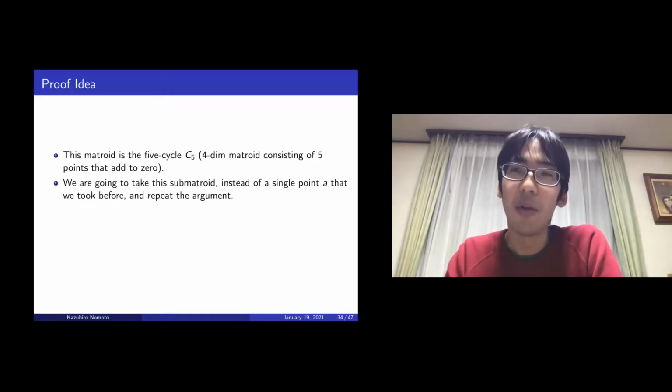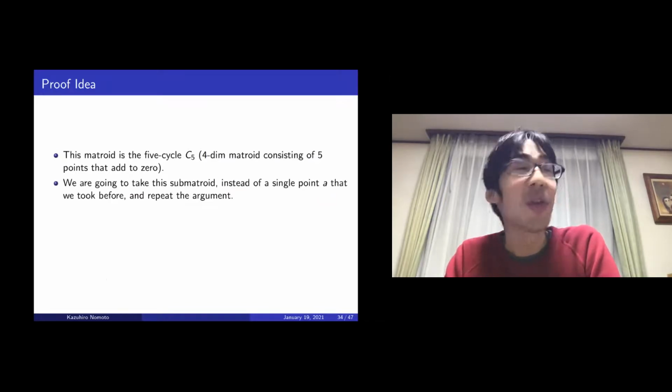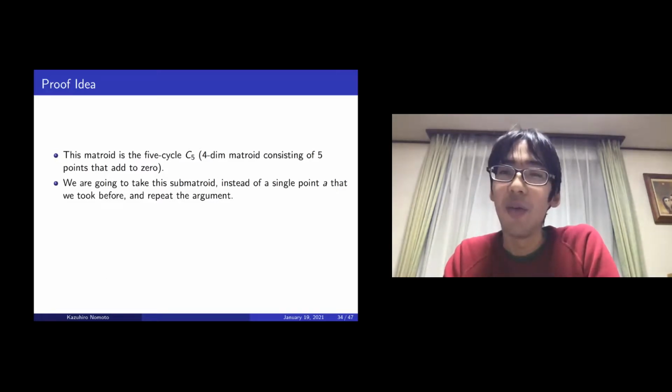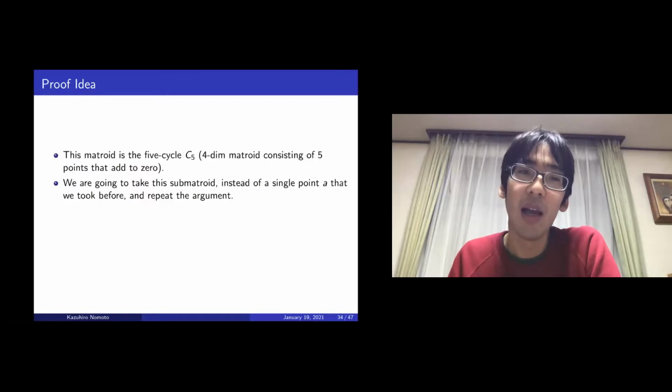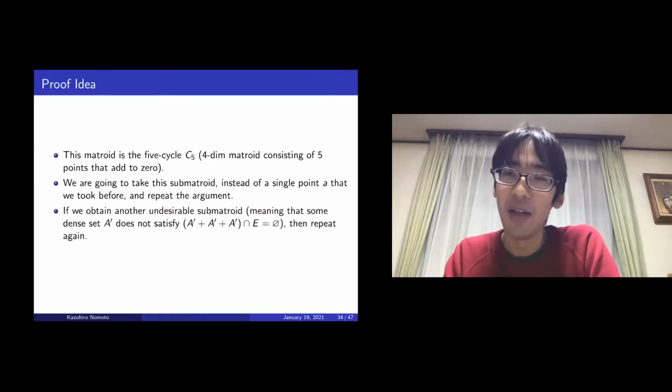What we are going to do is quite simple. Since we got stuck, we are going to replace this single point A, which we've chosen before, with this bad submatroid, which is a C5 in this case. We're going to repeat the argument. I'm not telling you how exactly that goes, but I'm going to take a flat disjoint from this C5.